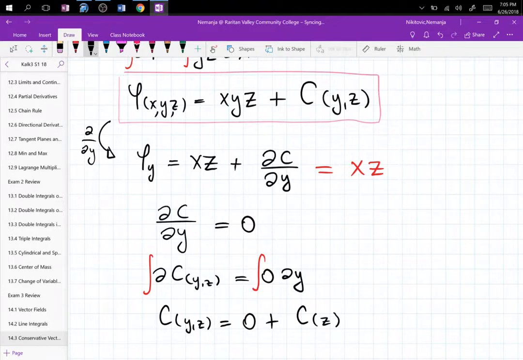Now, we integrated with respect to y, so what's the integral of 0? The integral of 0 is 0, right? Plus constant. But the constant is going to be in terms of z now. And now, plug in.